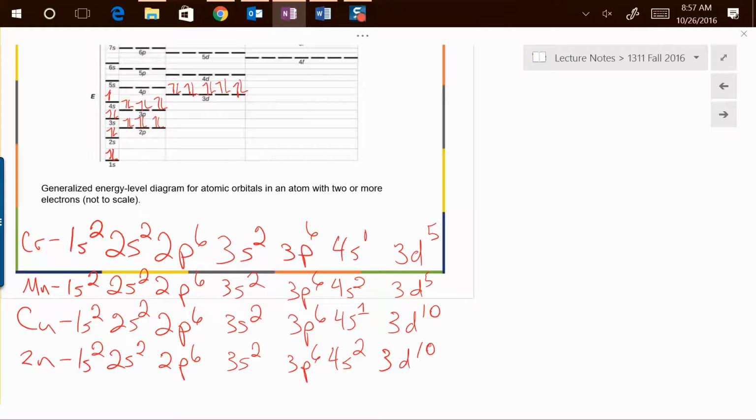Copper, silver, gold. These ones all do it. Okay? So it's that position. That's what you need to recognize. It's the D4 position and the D9 position. Those are the ones where it does that. Okay? So you need to be aware of that.